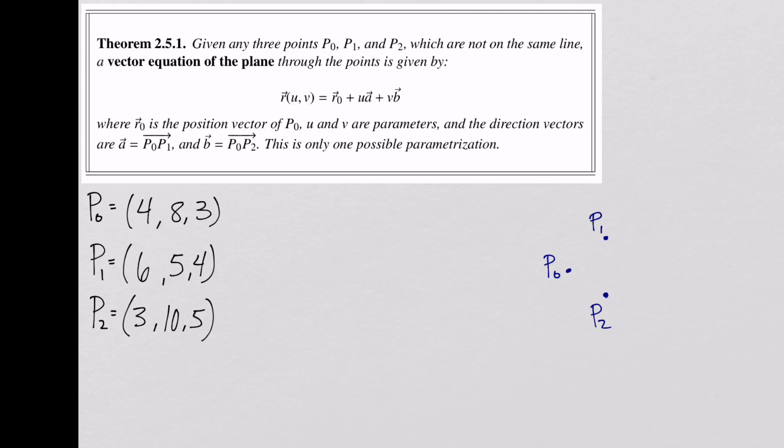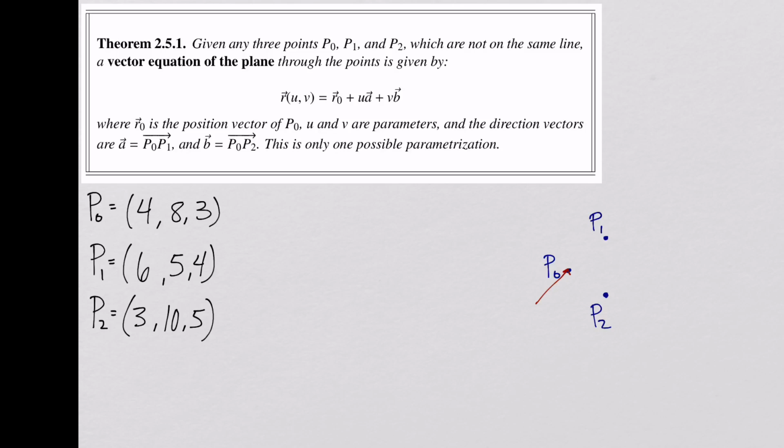First, it says let r naught be the position vector to P0, right? There's some position vector going out to P naught. And then it says we're going to let the direction vectors a and b be these displacement vectors.